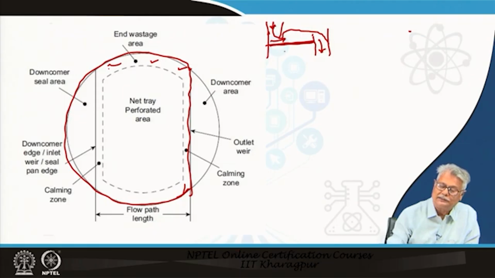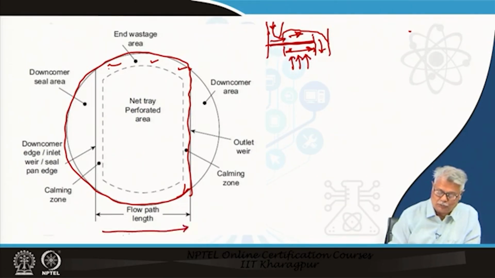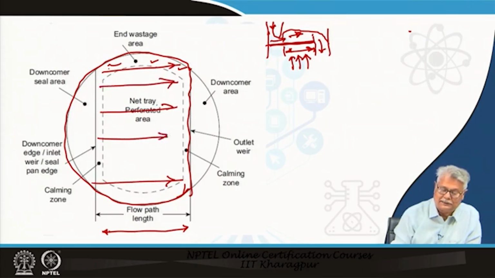You will also notice that the actual cross flow path is only from this point to this point on the tray, and it is through this zone only the vapor goes up. So, what you have here is this is going to be your flow path length, and it is the path of flow, and there is this very special thing you must have noticed already, that it does not have the same flow cross section.